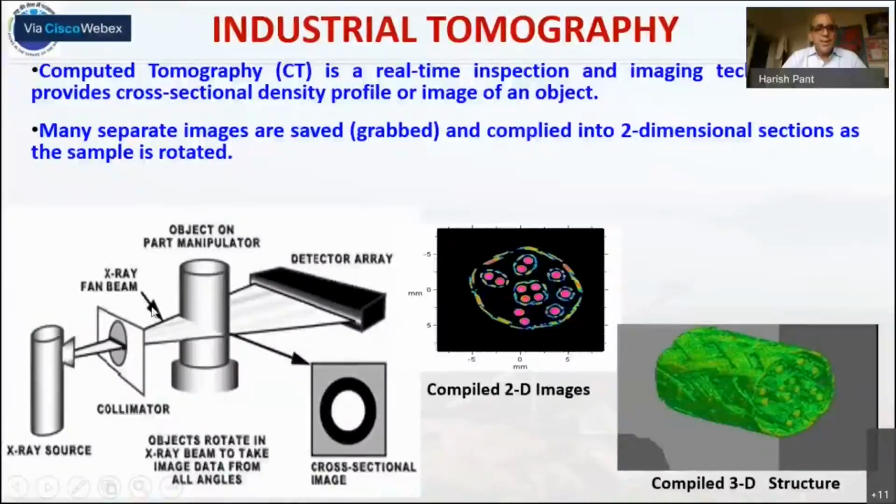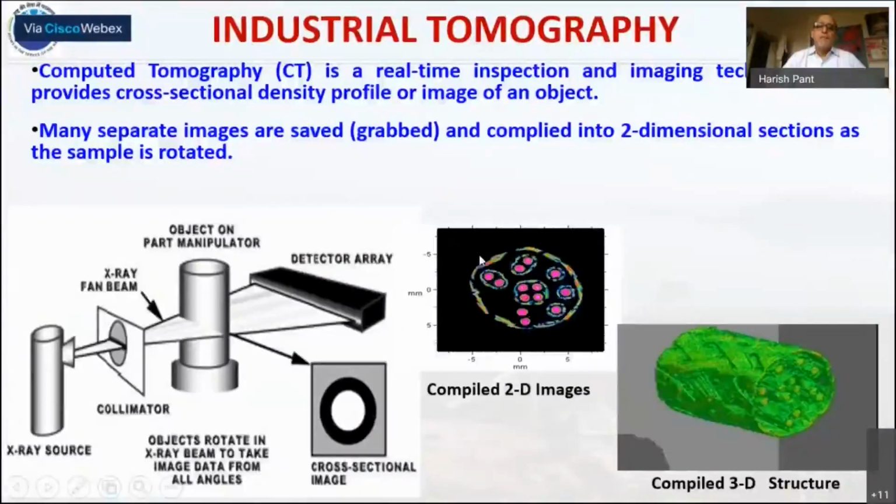This is the manipulator, and on the manipulator there is an object. The manipulator rotates this object, and at different angular positions, different cross-sectional profiles are obtained, and using software one can then reconstruct an image of the object.